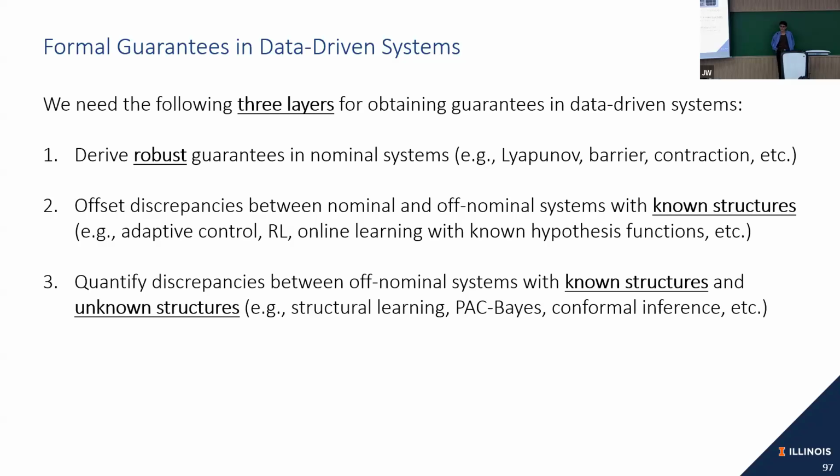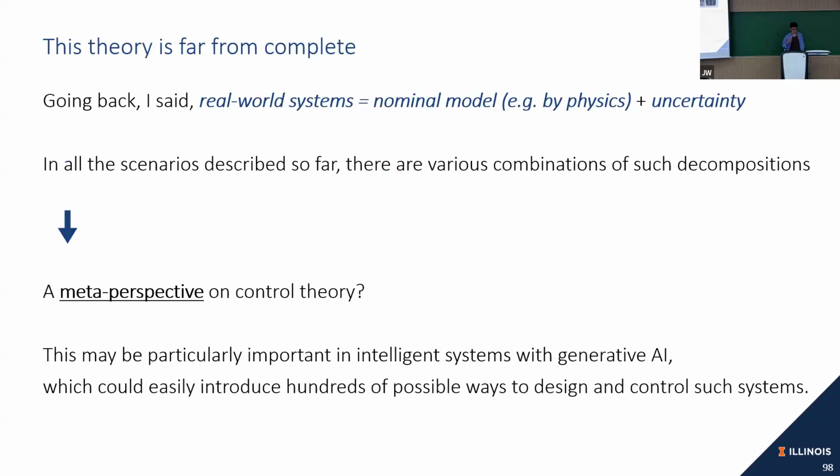But my question is more like, what are the different types of guarantees with different types of assumptions? This is actually the open problem I was trying to mention. With different types of assumptions, you get different types of guarantees.